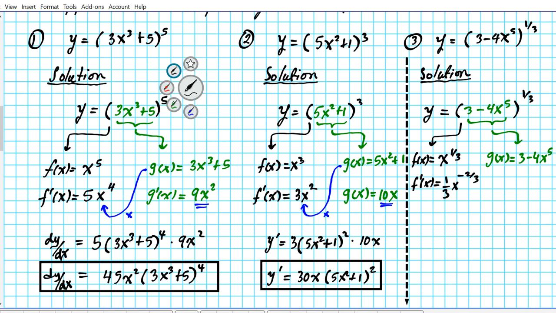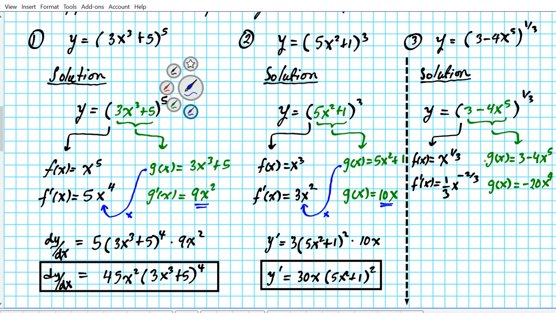And then the derivative of the inner function, let's use the power rule. The derivative of 3 is 0, and don't forget that minus. So it's going to be negative 20x to the 4th power. That's a common mistake a lot of students make when differentiating functions where there's a minus. They forget that negative, so watch out for that.